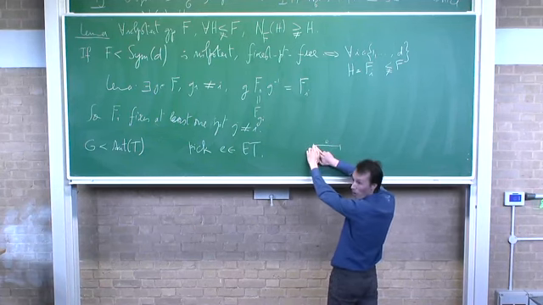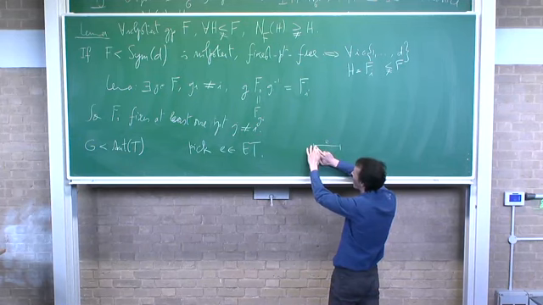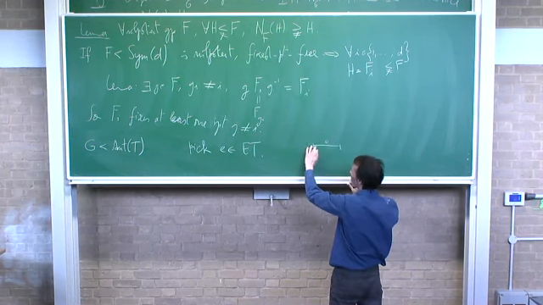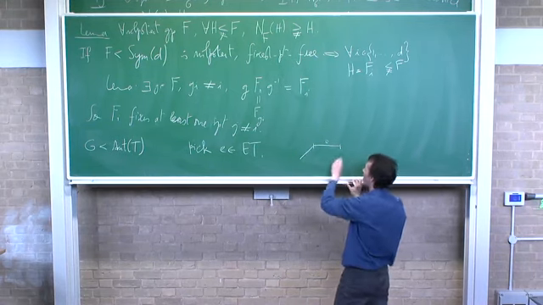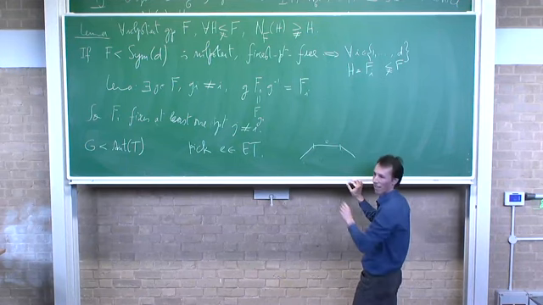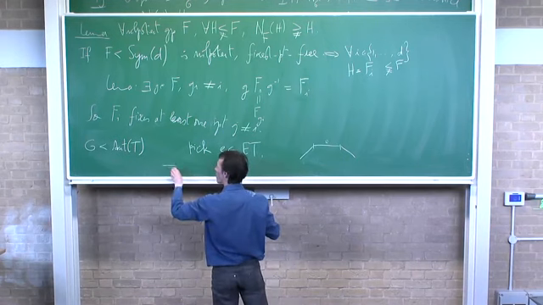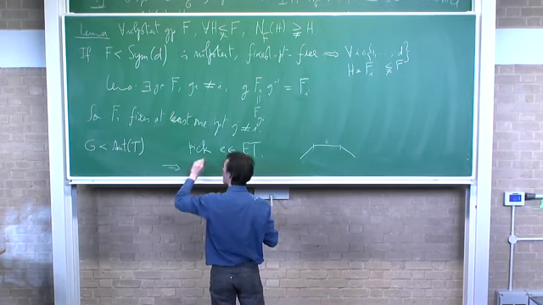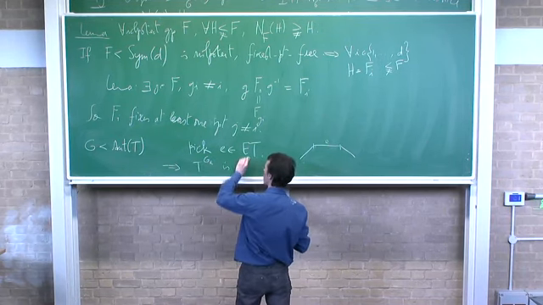The stabilizer of one point inside this finite group fixes another point. This means that the stabilizer of that edge fixes another edge, and the same on the other side. Then I continue. So the conclusion is that the subtree fixed by the stabilizer of that edge is infinite.